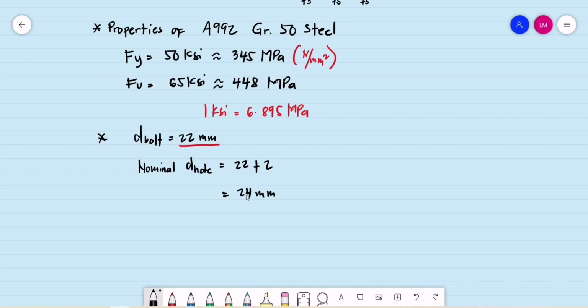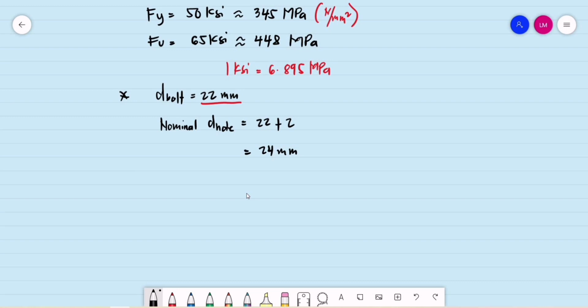But again, what will be our net diameter of the hole? That will be equal to 24 millimeters. So this time, another plus 2 mm. This is from the NSCP provision. Okay, so you can check that in, I think, chapter 5 of our NSCP 2015. So the net diameter of the hole will be equal to 26 millimeters.